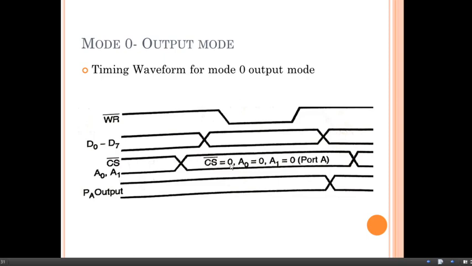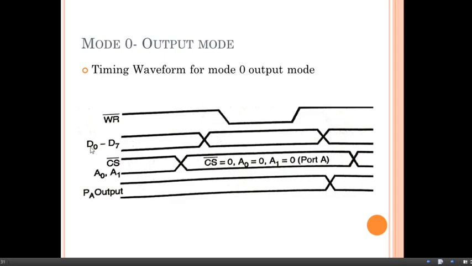So if these three bits are 0, then port A is selected, and now in this case port A is acting as an output port. So once the port is selected to output the data, after that CPU will send the write bar signal to write the data to the port through the data bus.